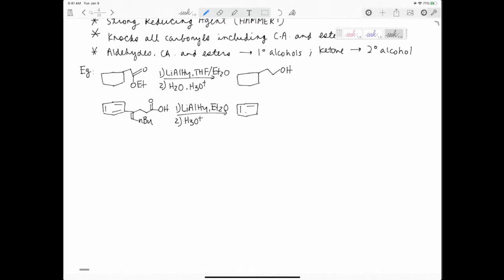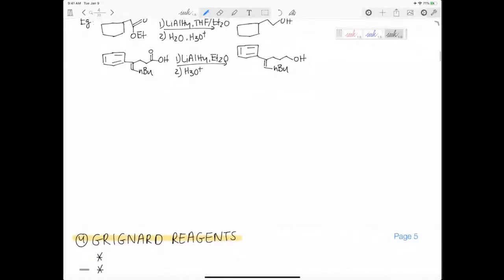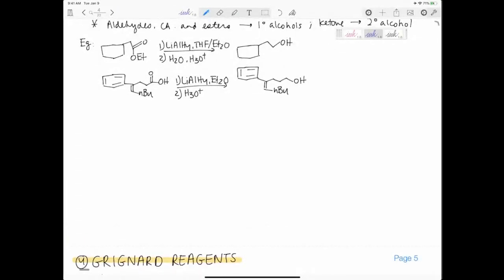Okay, and what you get is again a primary alcohol right here. So basically you're just eliminating this carbonyl here. Okay. So it's pretty straightforward so far, right? Want to look at the mechanism.